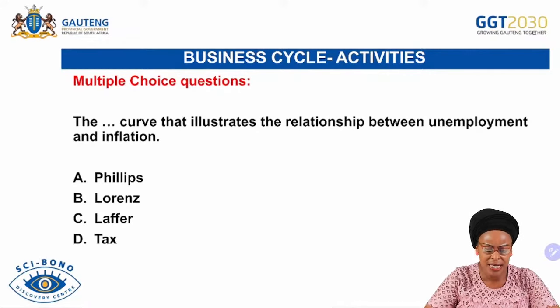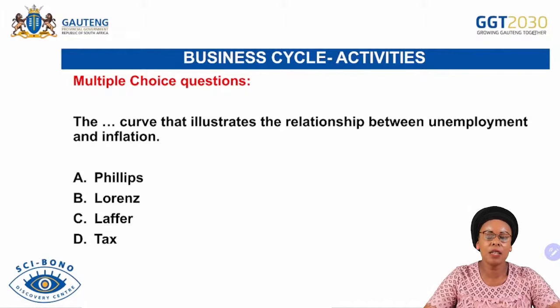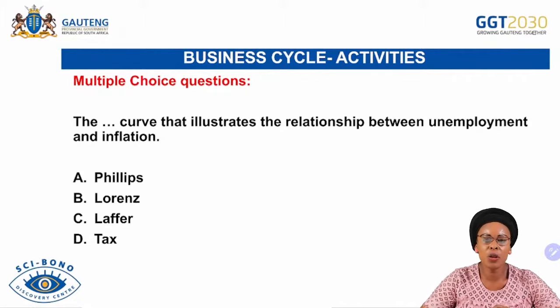The curve that illustrates the relationship between unemployment and inflation. So this year, when you are studying economics, you're going to be taught how to draw and interpret different types of graphs or curves. Already in the previous lesson, you learned about the multiplier.